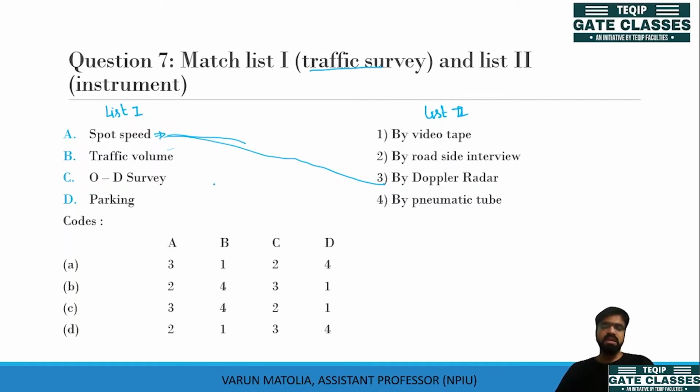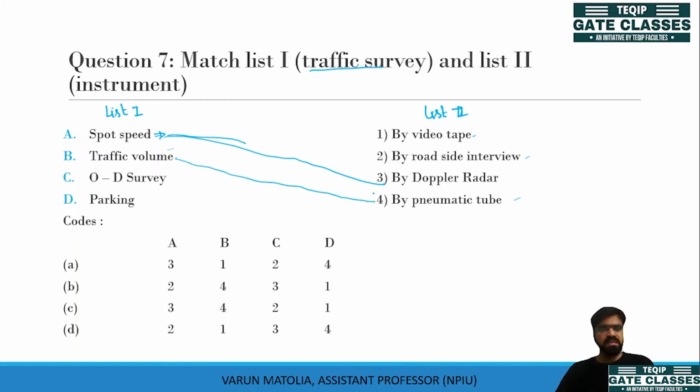Traffic volume means number of vehicles passing through a section for a particular time. So in order to count the number of vehicles, we use the best method out of tape, interview, or pneumatic tube. The pneumatic tube is the best method.